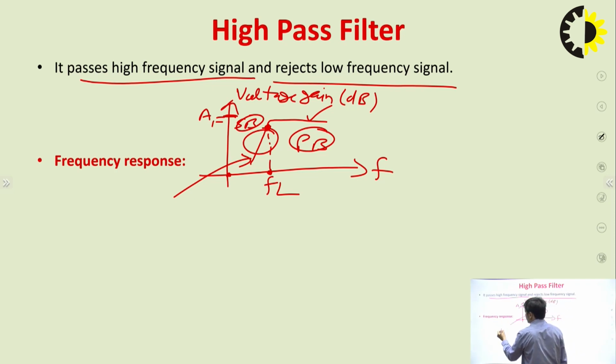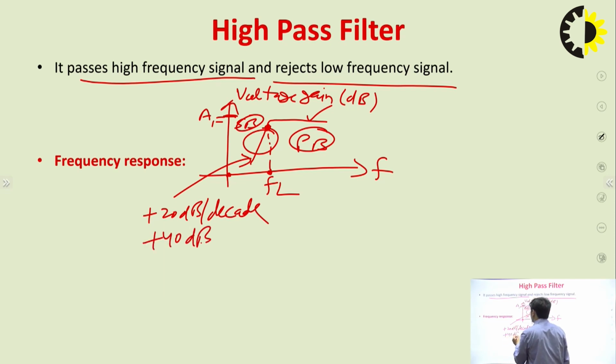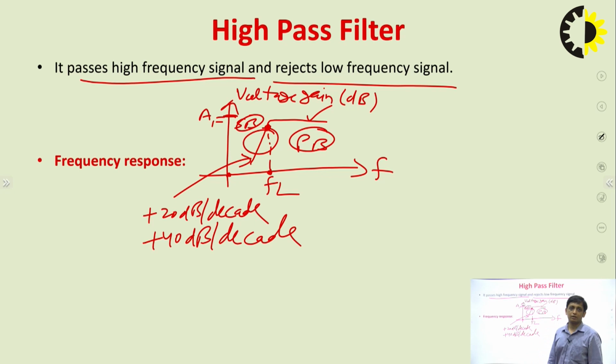So the roll-off rate is plus 20 dB per decade for first order high pass filter, and for second order high pass filter it will be plus 40 dB per decade. This is the roll-off rate for high pass filter, right? So this is the practical response. Similarly, you can draw the ideal response for the high pass filter.